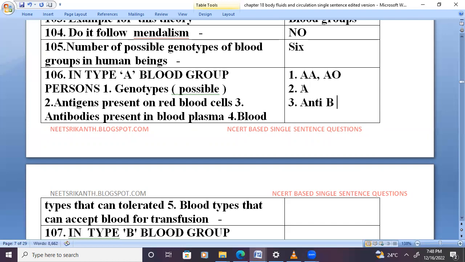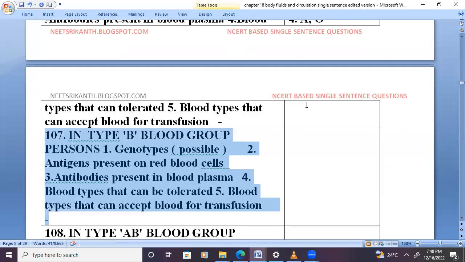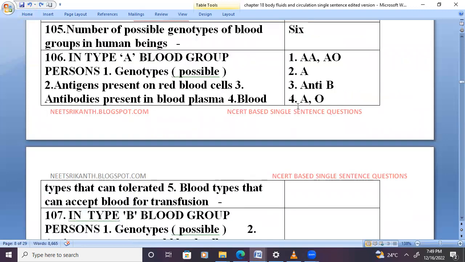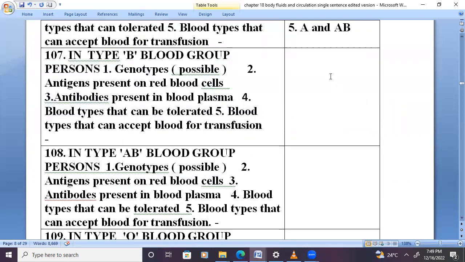Blood type that can be tolerated: A and universal O. Blood type that can accept the blood, for blood transfusion: A and AB.